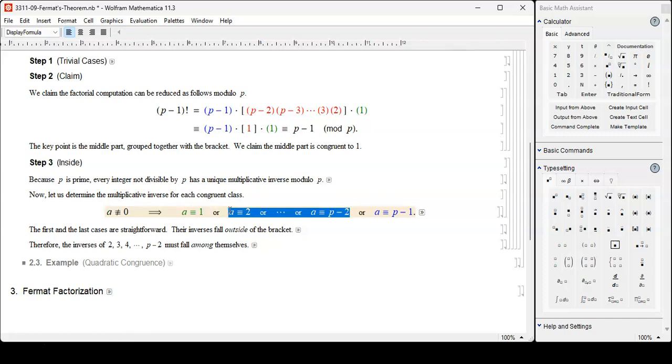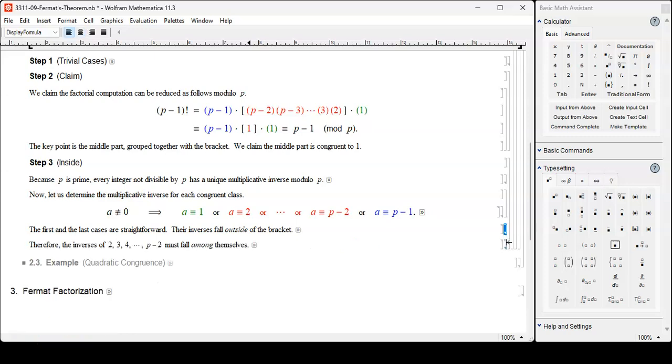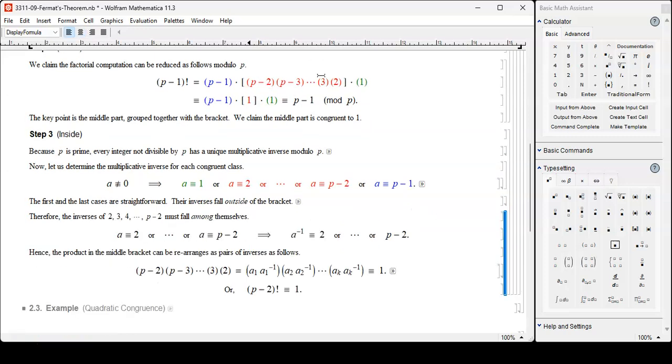Otherwise, 2 to p minus 2, they're all red, the middle part. And then outside the bracket, if a is congruent to 1, then a inverse is 1, that's green. And if a is p minus 1, then a inverse is also p minus 1, or equivalently speaking, negative 1, that's blue. As for everything else, that is the red part.